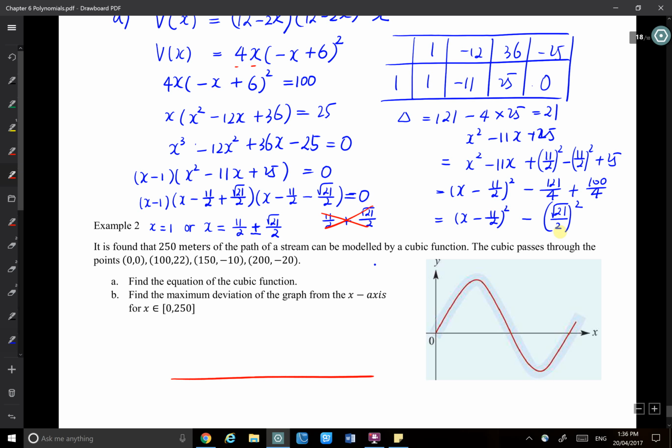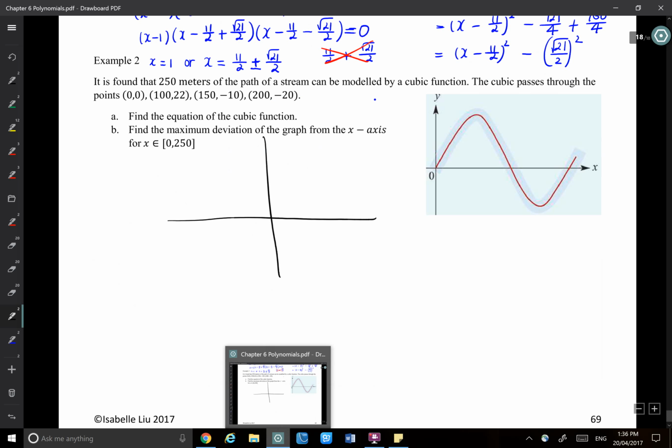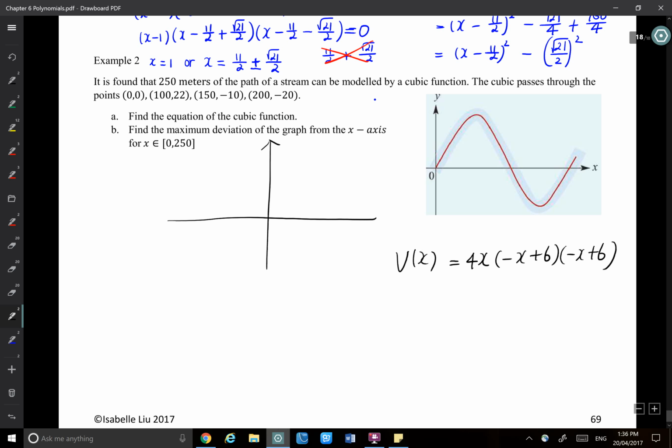I'll roughly sketch it, okay? V(x) equals 4x times minus x plus 6 times minus x plus 6. There must be a point at 0, 0, and there must be a point at 6, 0. And that is a turning point.